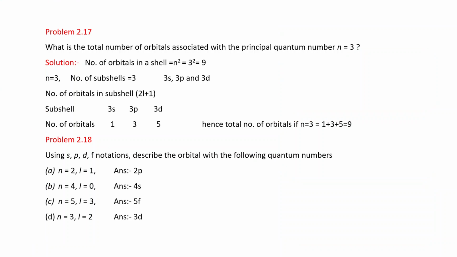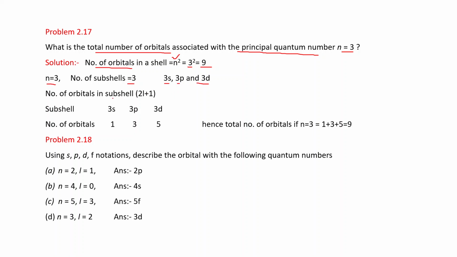Now see some questions. What is the total number of orbitals associated with the principal quantum number n equal to 3? When n is equal to 3, the number of orbitals in a shell is given by the formula n square. Put n equal to 3, and we find 9. Now how are these 9 orbitals present? When n is equal to 3, the number of subshells is 3, and these are 3s, 3p and 3d.